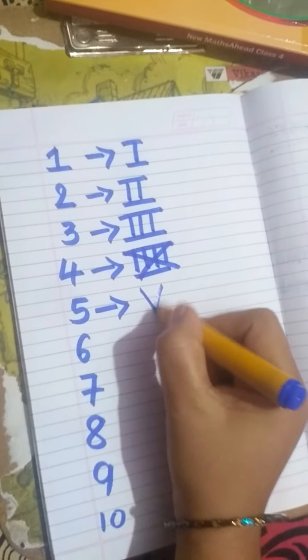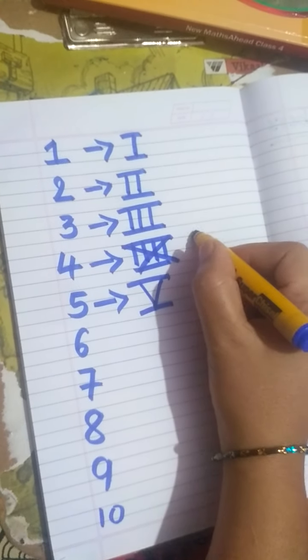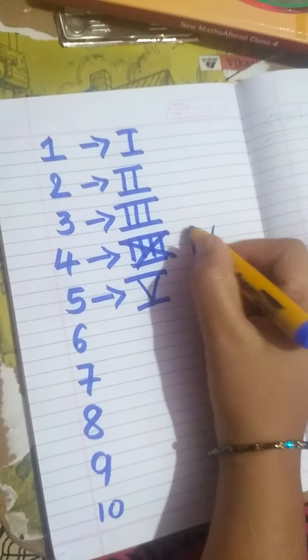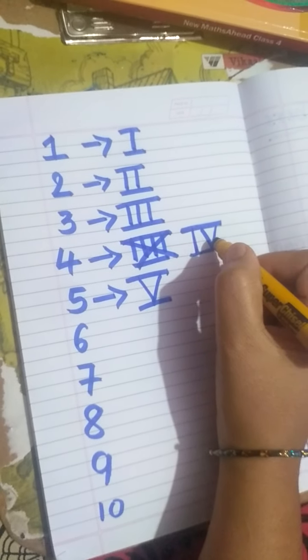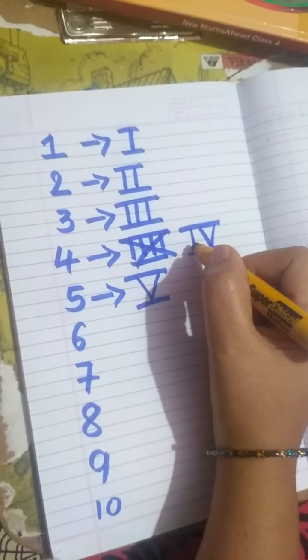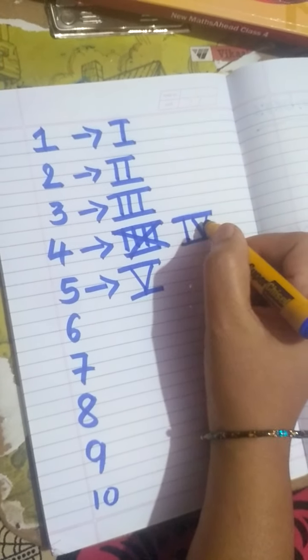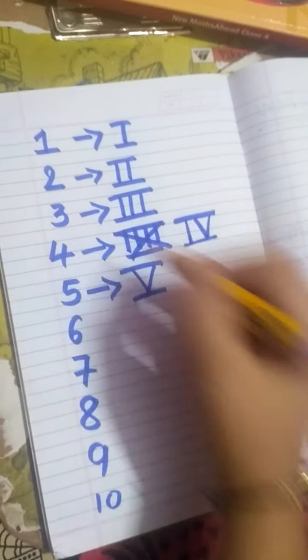We know the 5, capital V. So, you know the rule. When we write a smaller value to the left of the greater value, it should be subtracted. So, 5 minus 1 is the 4.